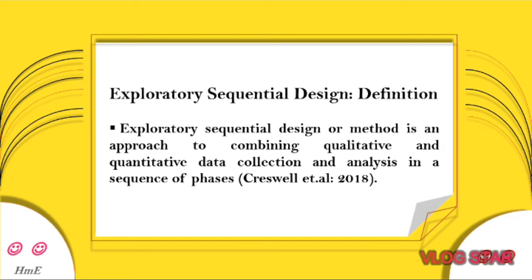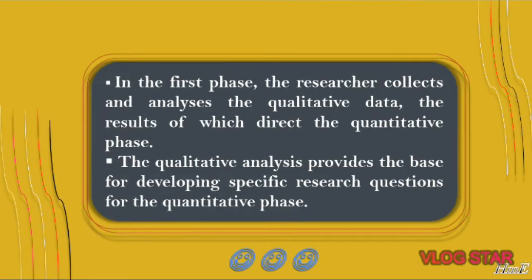So the meaning of this definition is given in this slide. In the first phase, the researcher collects and analyzes the qualitative data, the results of which direct the quantitative phase. So in exploratory sequential design, the first phase is the qualitative phase and the second phase is the quantitative phase.